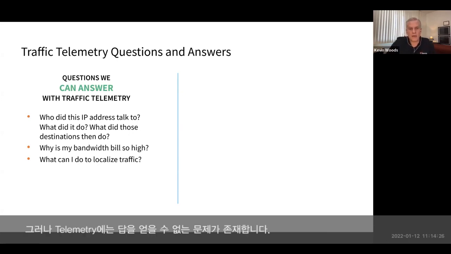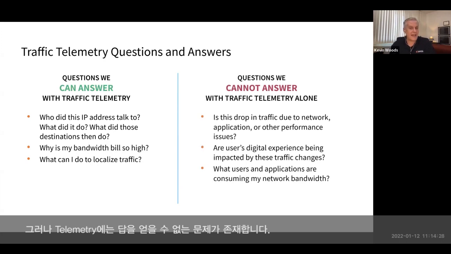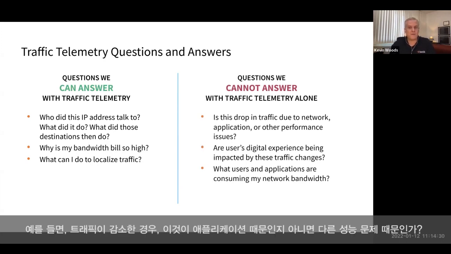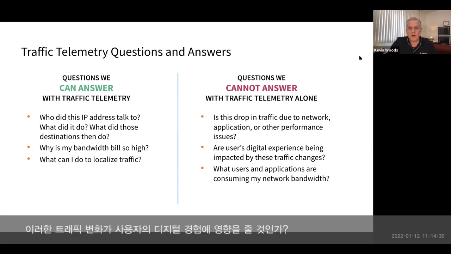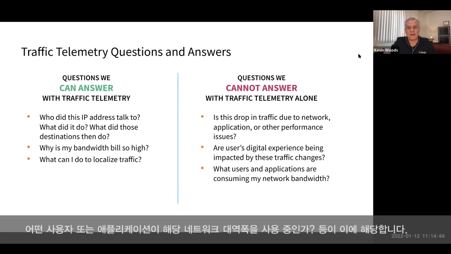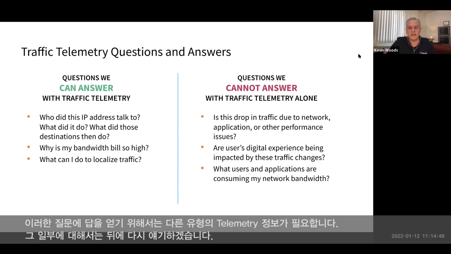But with that telemetry, there are questions I cannot answer. Like, if there's a drop in traffic, is it due to an application, or is it another performance issue? Is the digital experience of my users being impacted with these traffic changes? What users or applications are consuming the network bandwidth? So we need other types of telemetry information to answer those questions. We'll come back to some of that.